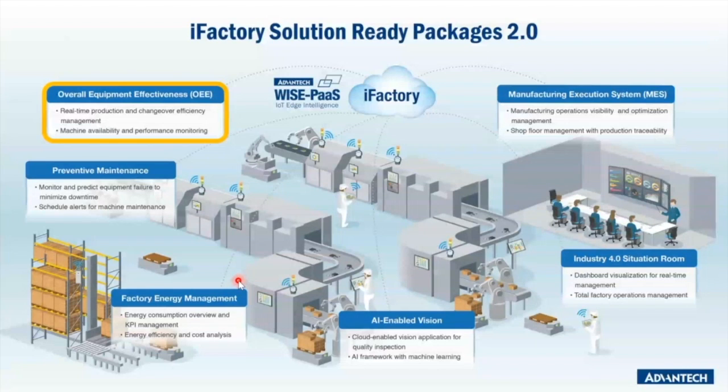Some people are now looking at how to do AI-enabled vision. A lot of companies are also working on Industry 4.0 situation room, and how all this information can integrate into their existing MES system, for them to do a better job.